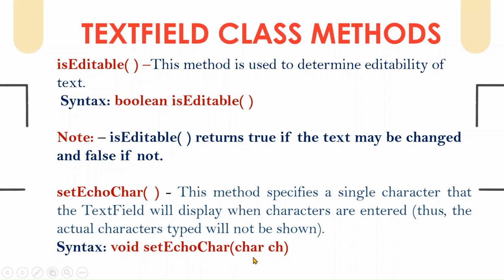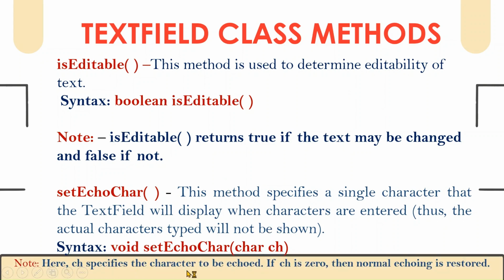So this works for the password field actually. You write the text field object dot setEchoChar of question mark, and when you type your password, you can see only question marks there. By default we generally see dots or asterisks, but instead of that, you can put any character here. Here ch specifies the character to be echoed. If ch is 0, meaning you don't write anything, then normal echoing is restored, so the normal text can be displayed.